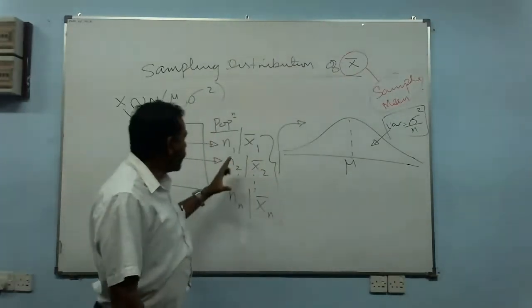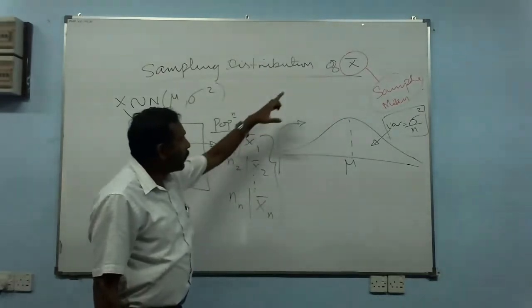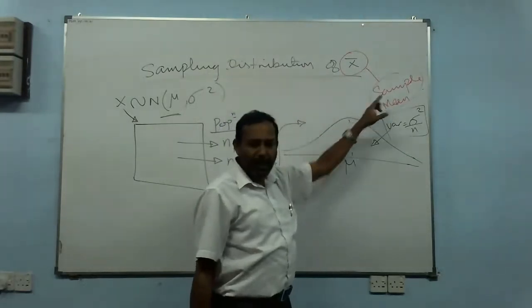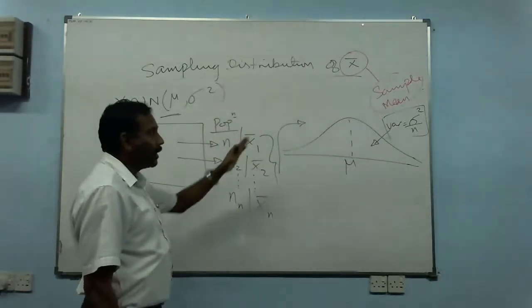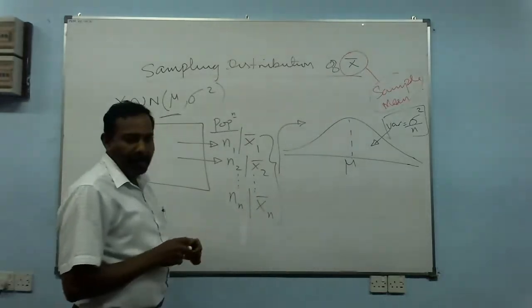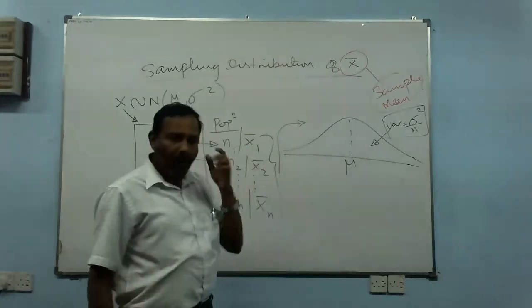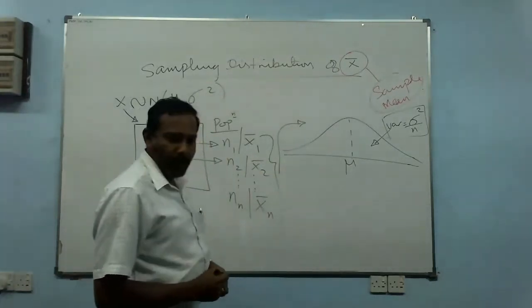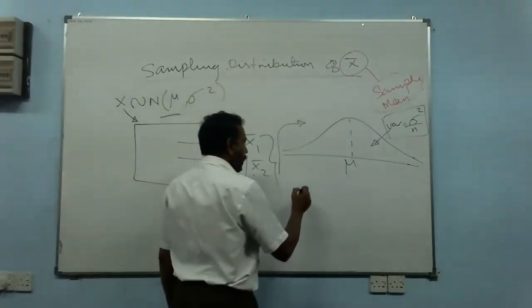If you draw the distribution for the sample mean, this is the distribution for the sample mean. That will also be distributed normally with the same mu and variance sigma square by n.